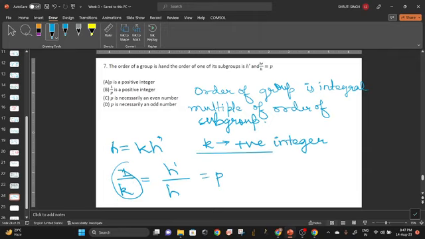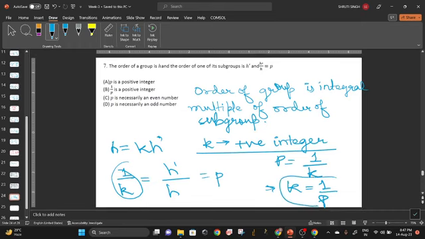I have written K as a positive integer. Now can you write P in terms of K? Yes. Yes. 1 by P is a positive integer. So the answer is B.